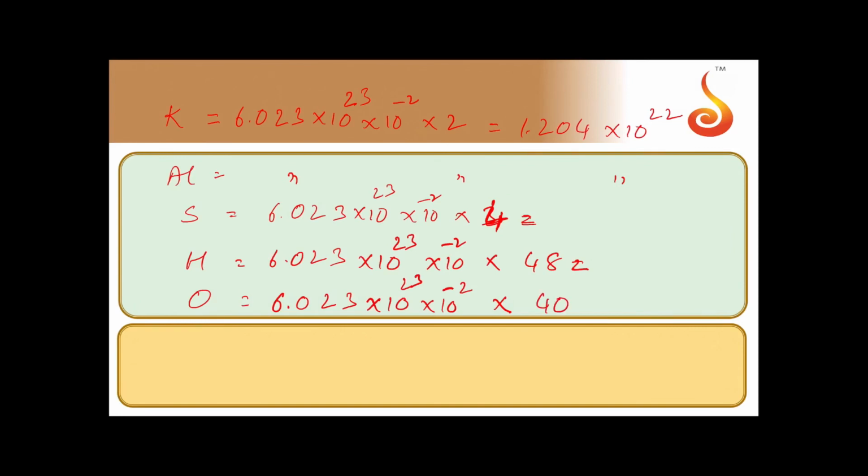Multiplying each one, this will be 2.4 into 10 to the power of 22 into 48, which is 2.89 into 10 to the power of 23. For 40, it means 2.4 into 10 to the power of 23 we have.